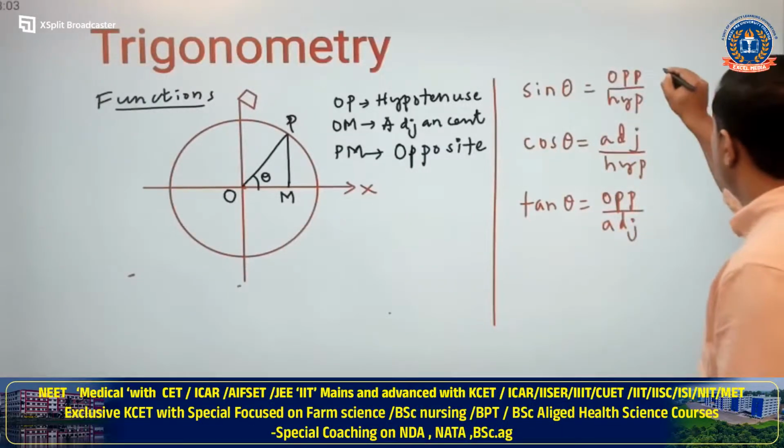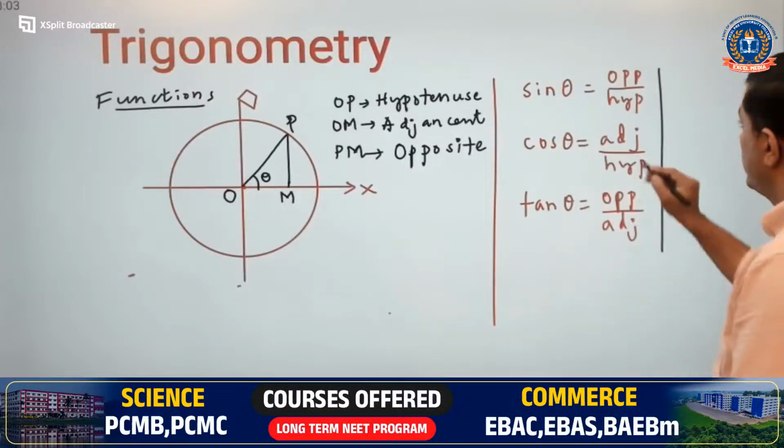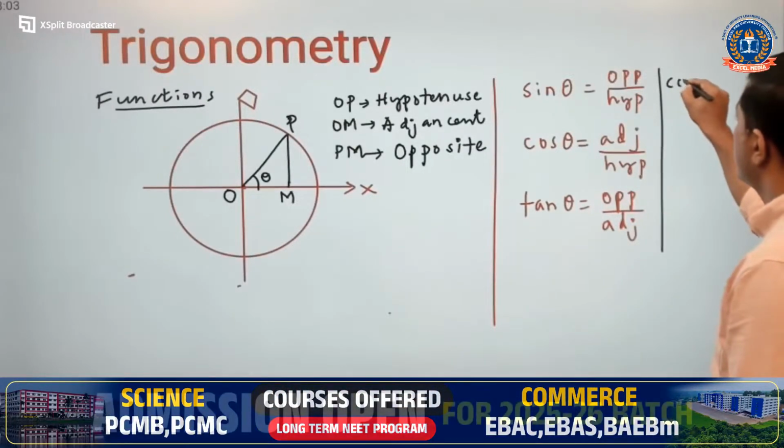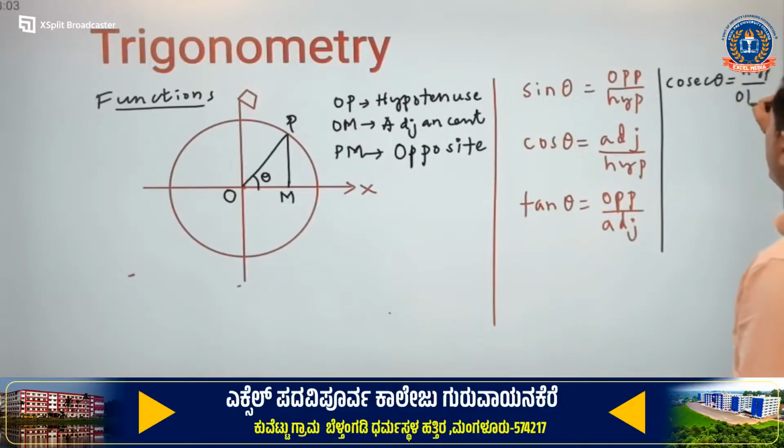Now let's write the reciprocals of these. The reciprocal of sine is cosec theta, that is hypotenuse divided by opposite.